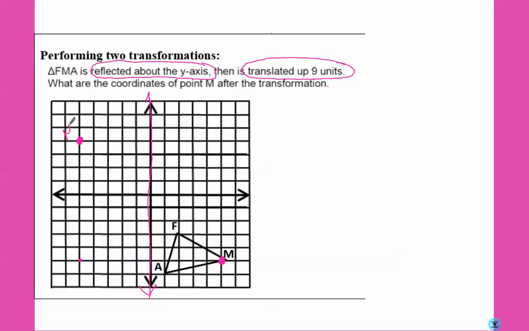So that's where M prime would be. And where is that coordinate? That's it. Negative 1, 2, 3, 4, 5, 1, 2, 3, 4. So negative 5, 4.